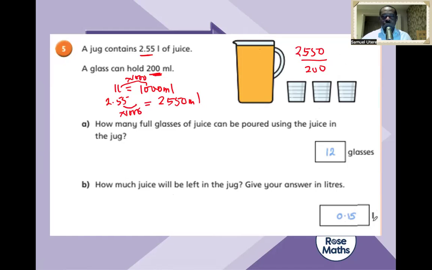Now take note that the answer should be in liters, but remember your working is in milliliters. So whatever fraction you get, you're going to have to convert that back to liters by dividing it by 1000. That is how we got this number here. Okay, let's move on.